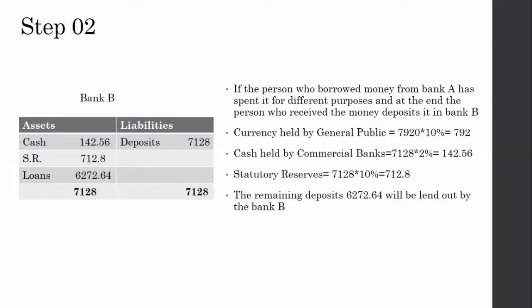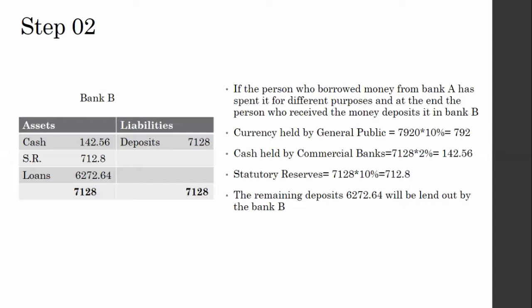So the deposit is equal to 7,128. That means 7,920 minus the currency held by the general public. That is the remaining part which will be deposited in Bank B, equal to 7,128.